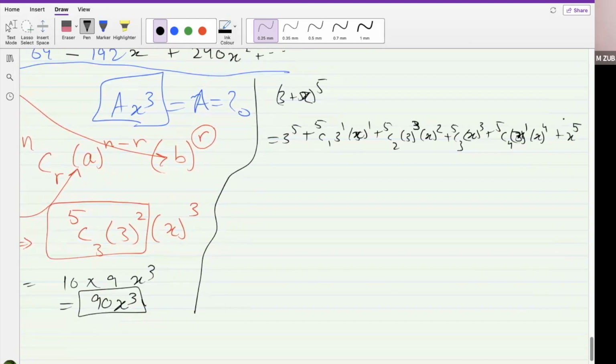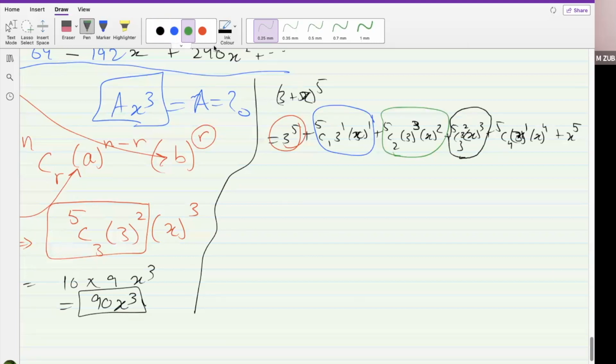Even if we open all these, the examiner was interested in coefficient of x cube. We know in this there's no x cube. Then in this we know this is only x. Then in this green circle, it would be x square. In this black circle, yes, there is x cube. This again is x4. Last is x5.